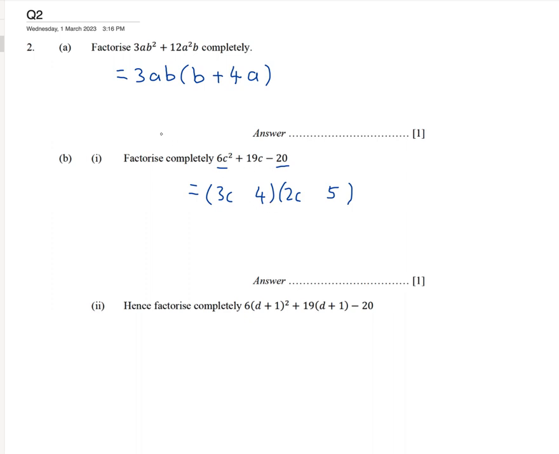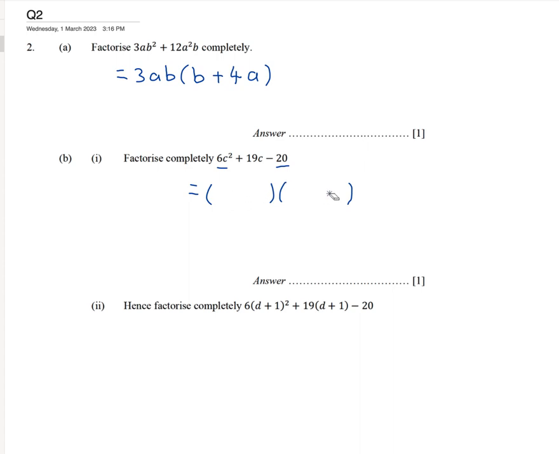Now even if we put the other way around, where we have 5 and 4, we have a common factor of 2 here, but 19 doesn't have a factor of 2. So that means that what we factorize in the first part is wrong.